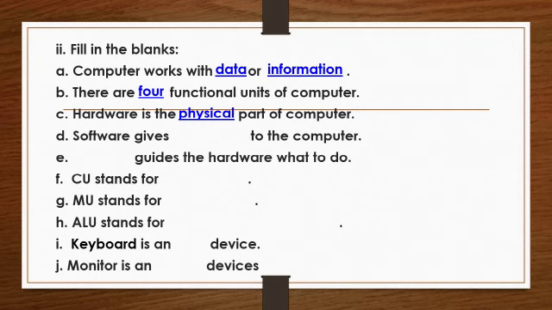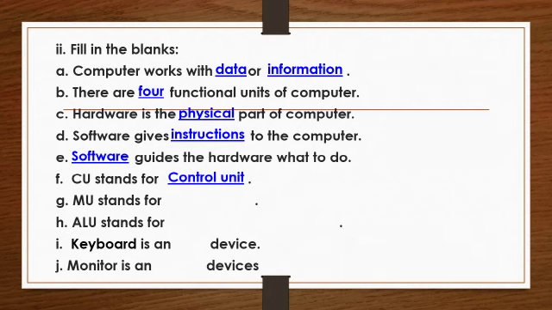D. Software gives dash to the computer. The blank is instruction. E. Dash guides the hardware what to do. Blank is software. F. CU stands for dash. Control unit.